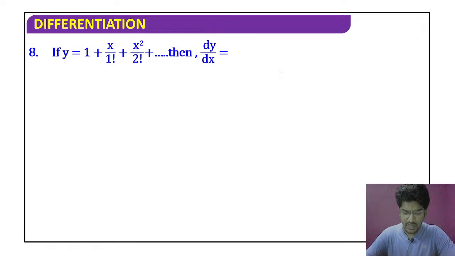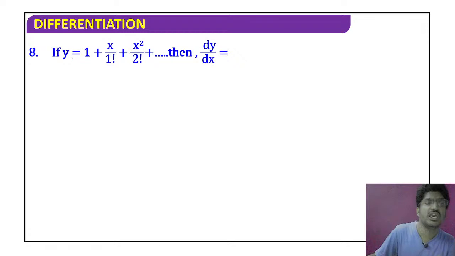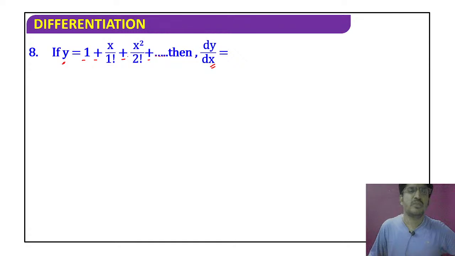Now quickly we can go for the eighth problem. That is, if y equal to, see this, what they have given, if y equal to 1 plus x by 1 factorial plus x square by 2 factorial plus so on, then what is dy by dx? They are asking. Okay, see this, y equal to 1 plus x by 1 factorial plus x square by 2 factorial plus so on.